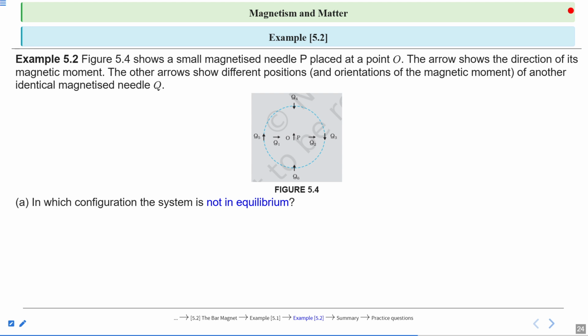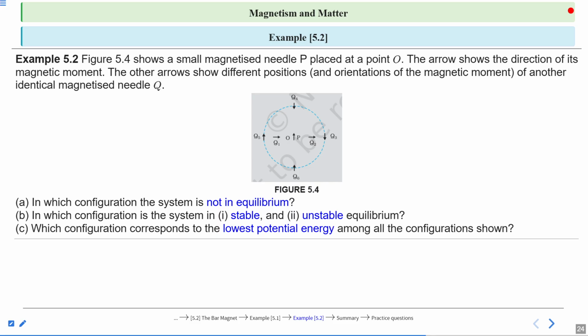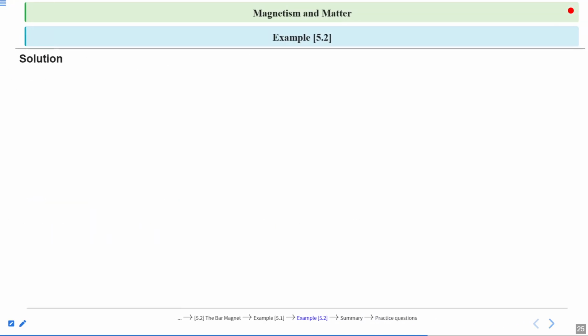So in what configuration the system is not in equilibrium is the A part. The B part: in which configuration is the system in stable equilibrium and in unstable equilibrium. And the C part: which configuration corresponds to the lowest potential energy among all the configurations shown. So we'll do it part by part.